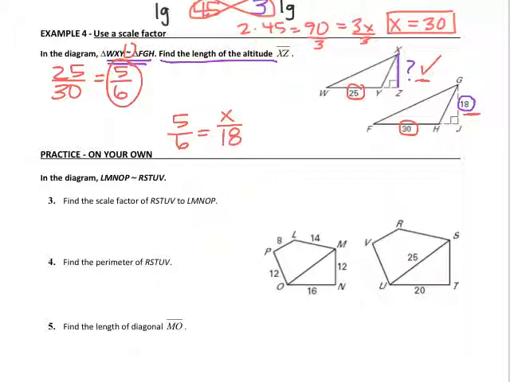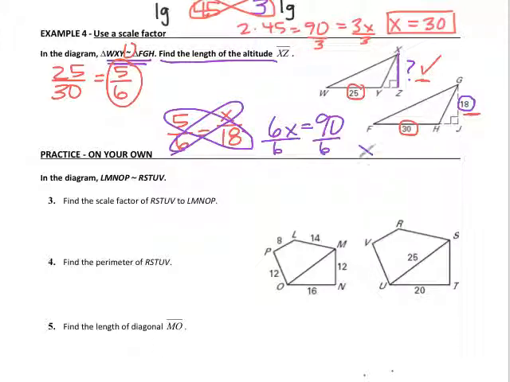So anytime you're trying to find a missing part, you can use cross multiplication inside your proportion there. So 6 times x is just 6x, and 5 times 18 is 90. So if I divide by 6, I see that the length of XZ is going to be 15.